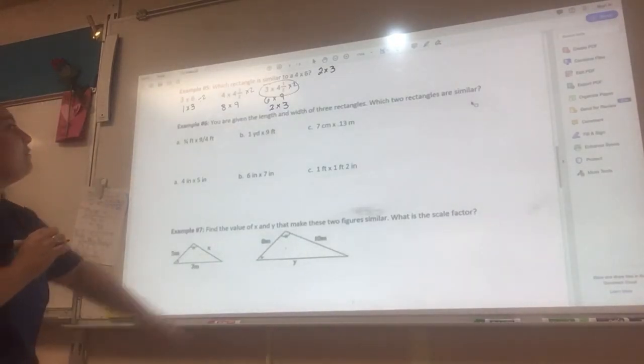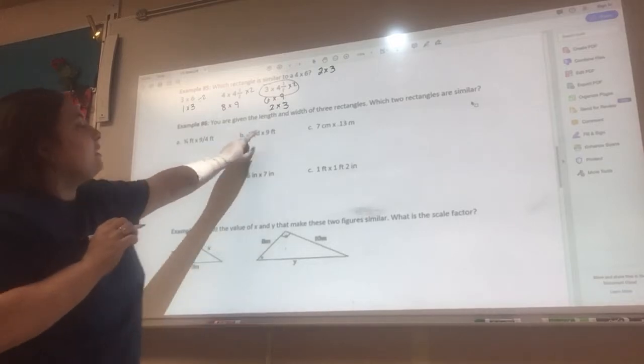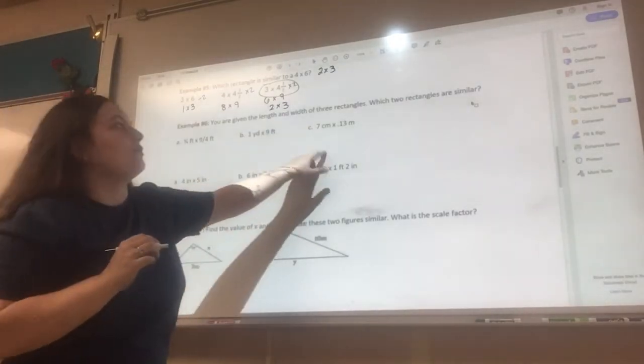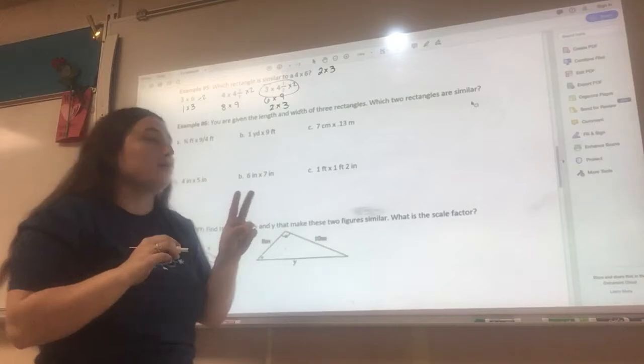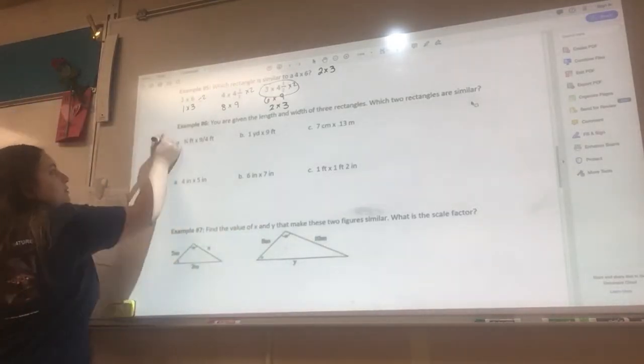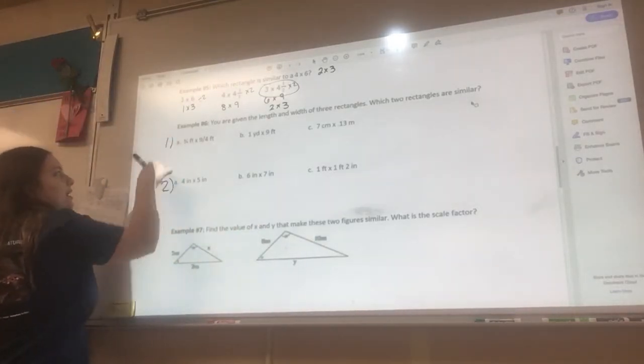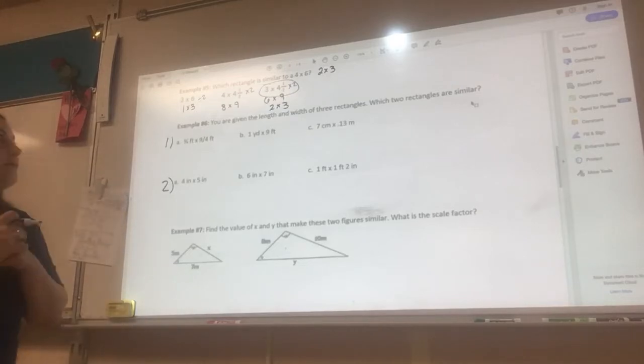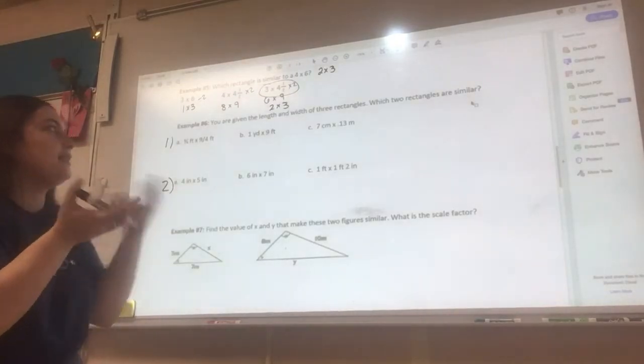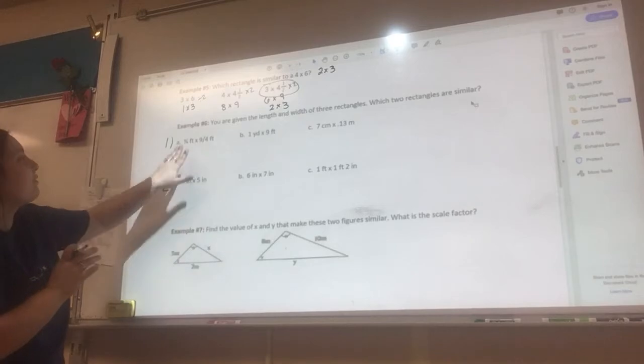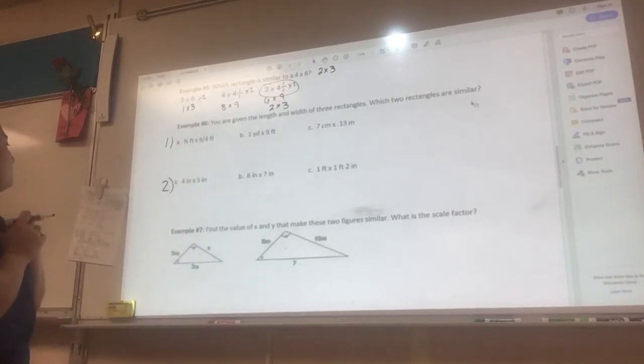Now that you've kind of seen what we've done here, we are given the lengths and widths of 3 rectangles. 2 of them are similar. For A, so this one and this one, 1 and 2. So 2 of them are similar. But first we've got to manipulate them. Well, we have a 3/4 feet and a 9/4 feet. Well, ick.